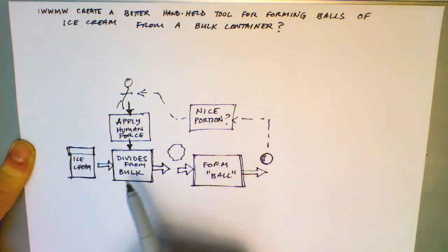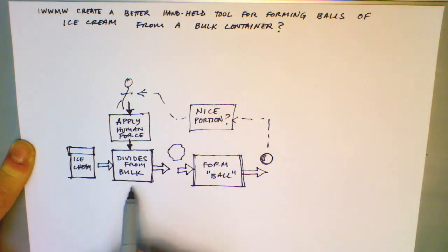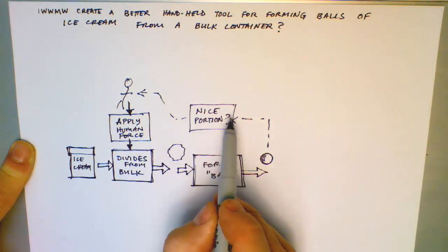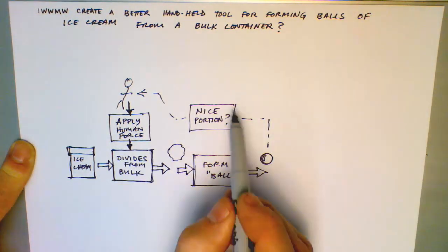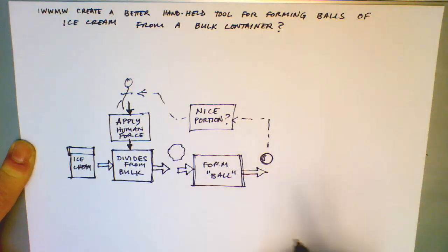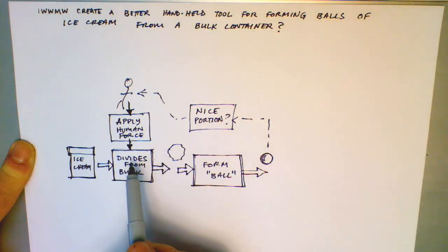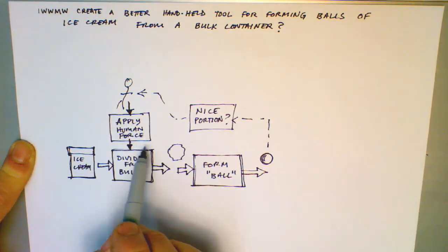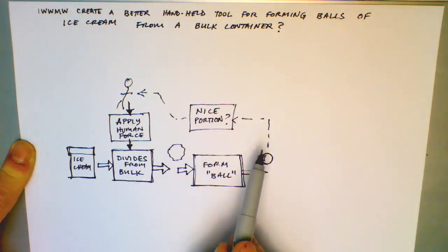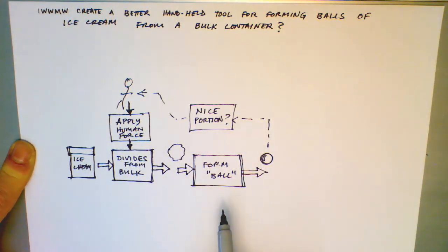And that lets you think about what are the fundamental elements of function that device performs. Now this is a very simple artifact, an ice cream scoop, but even for a very simple artifact, it is possible to decompose or break down what it is that artifact does into smaller pieces.